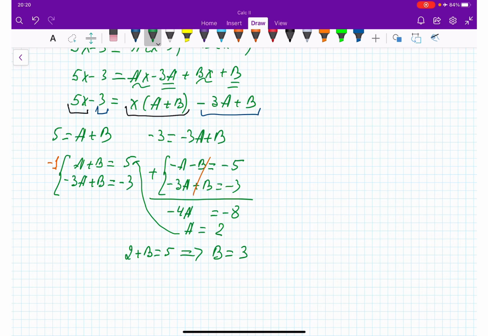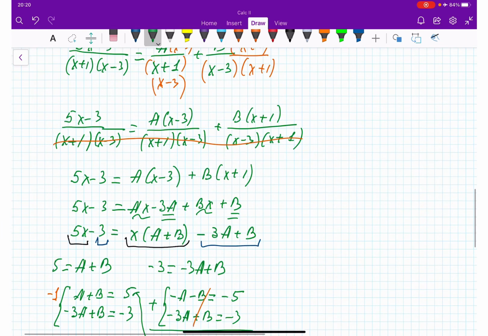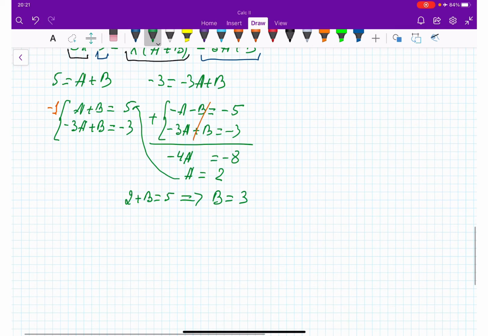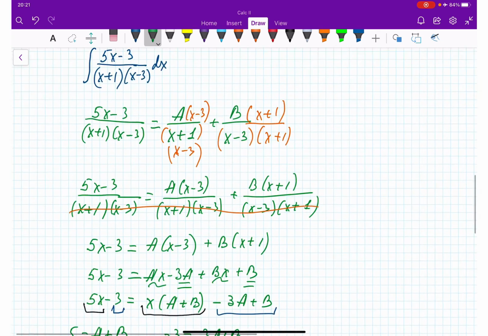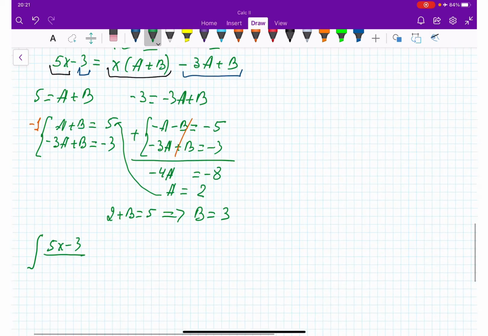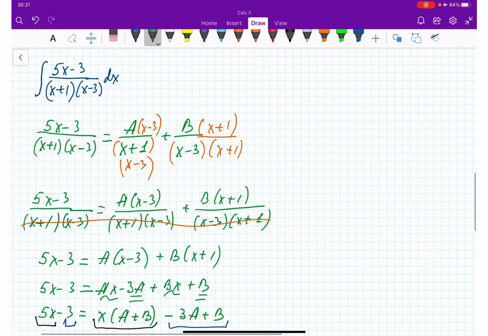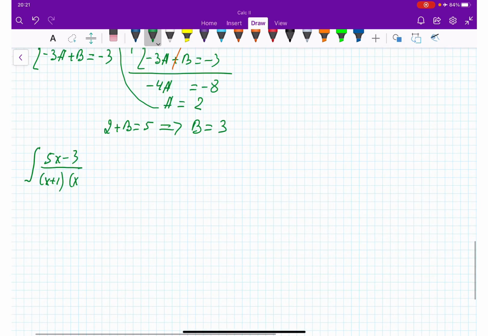Okay, so once we have it, I can do this integral, which is the integral of (5x minus 3) over (x plus 1)(x minus 3) dx.